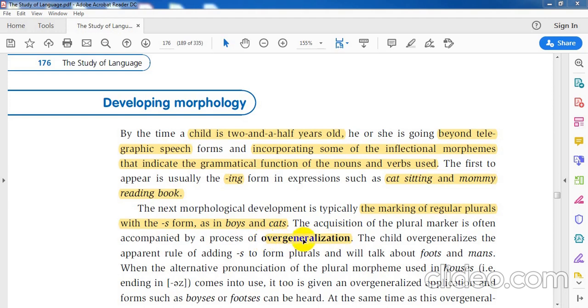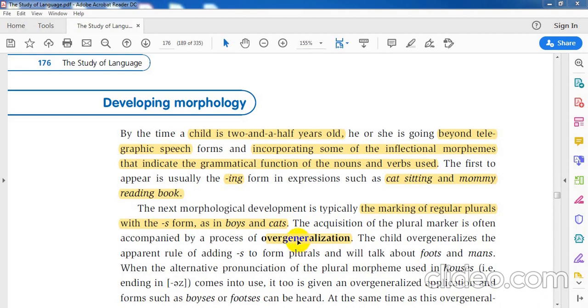Now, I'm going to quote the definition of this term from the book that I very frequently recommend you to check from time to time. It is a Dictionary of Linguistics and Phonetics by David Crystal.